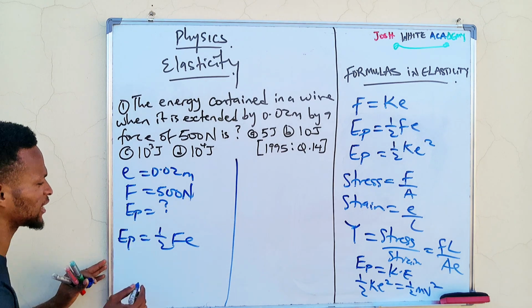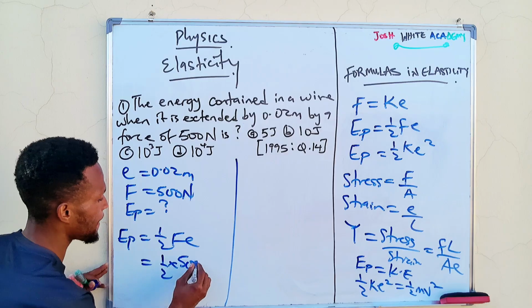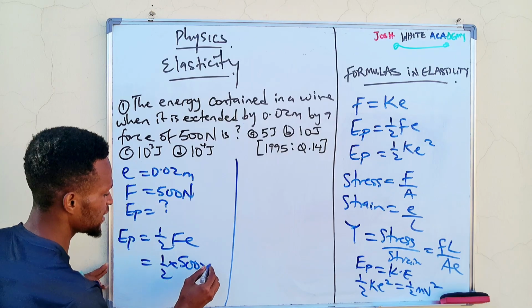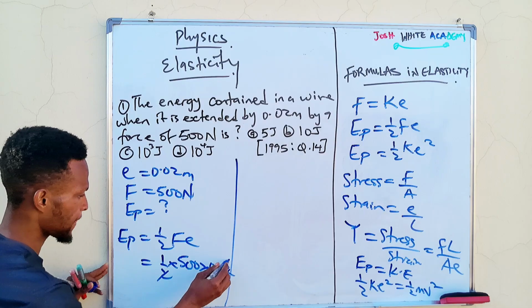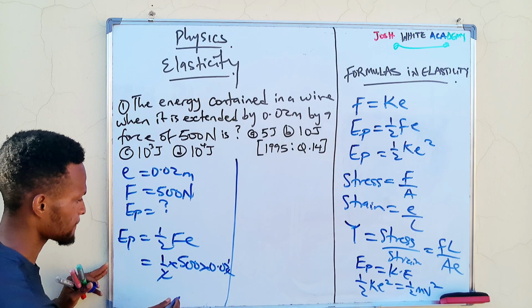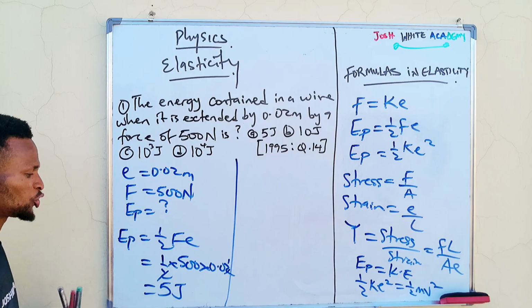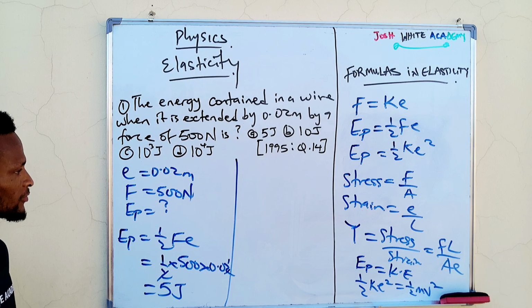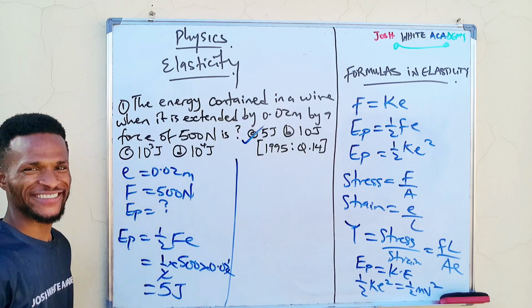Simple, let's substitute our data. 1/2, our F is 500 and our extension is 0.02. So our answer will give us 5 joules. So our answer is what? A.